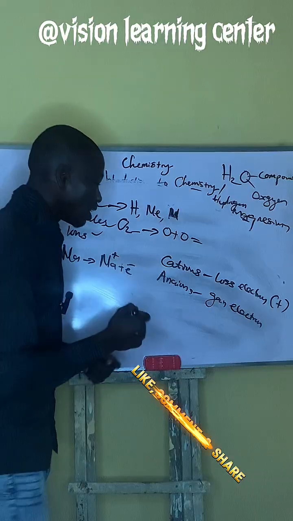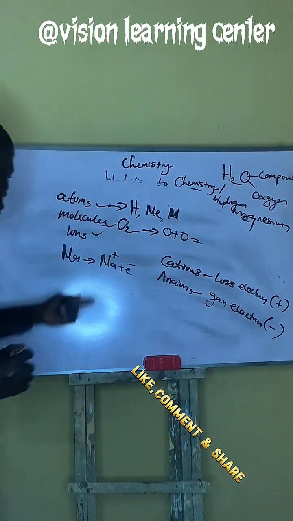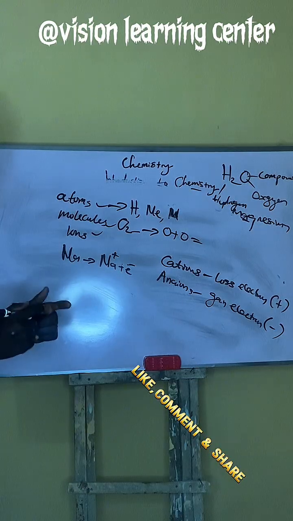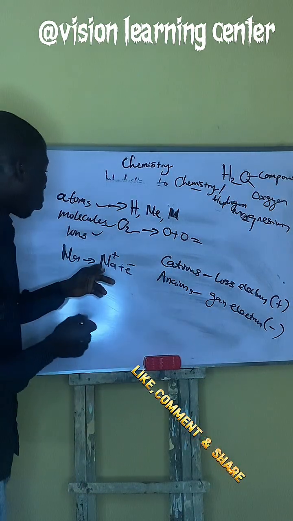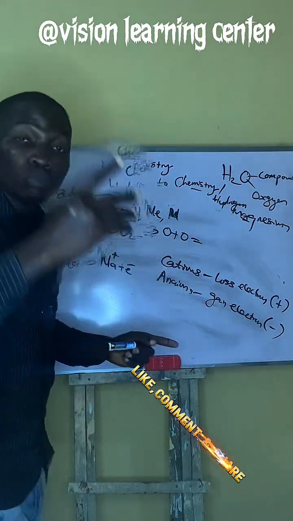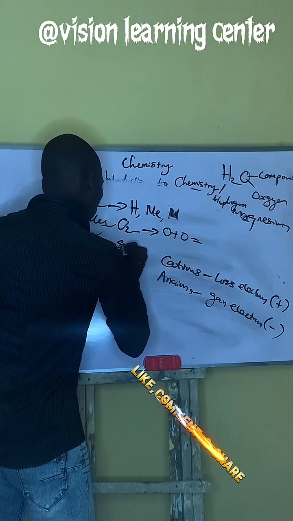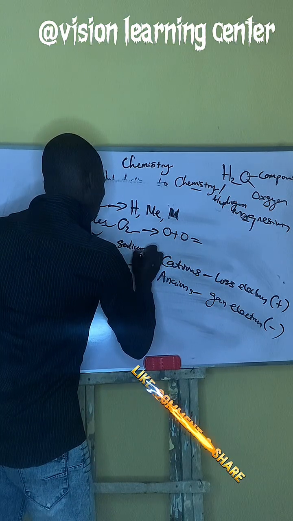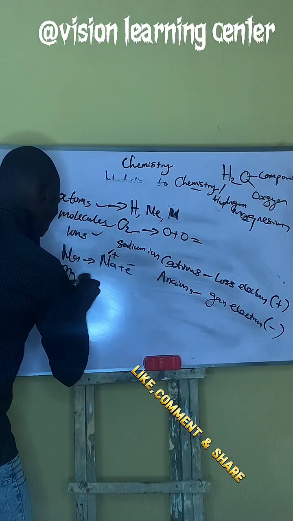When one gains an electron, it becomes negatively charged. So magnesium loses two electrons to become a magnesium ion. This is the sodium ion.